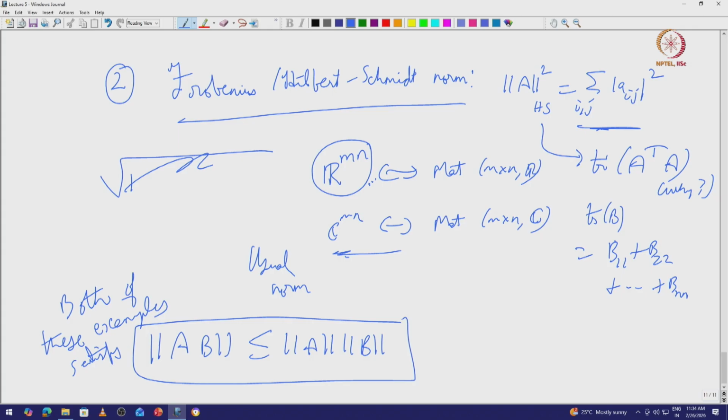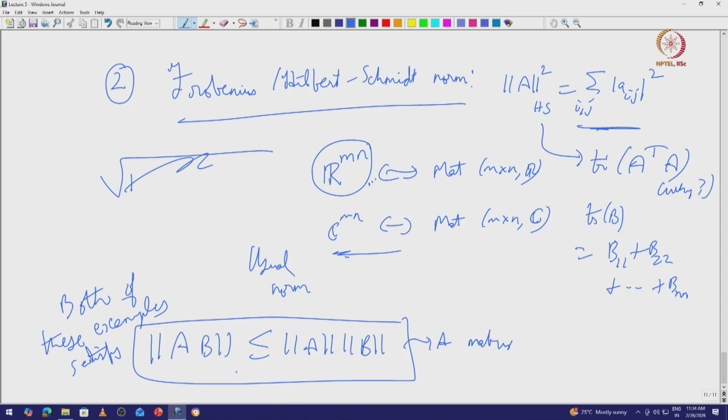Matrices form a vector space, so you can put whatever norm you want on them, they're all equivalent. But what we want is a norm that respects matrix multiplication in this precise sense. A matrix norm is a norm on the space of matrices that respects this property.